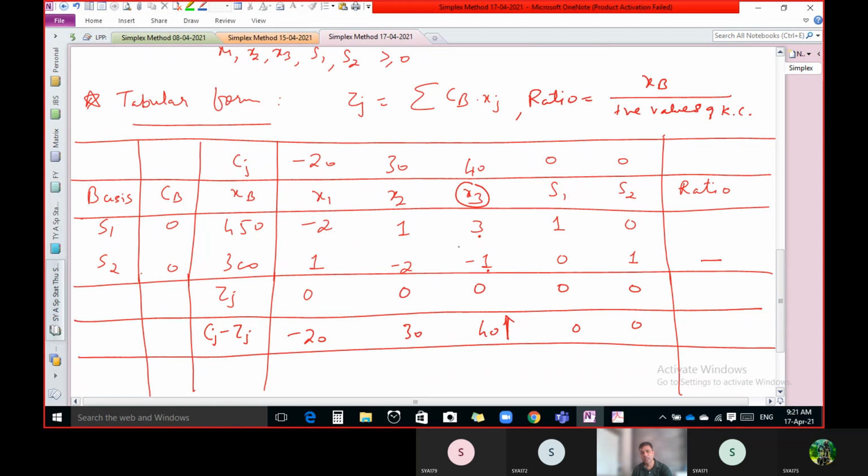So just forget this and take the ratio with 3. So 450 divided by 3, we get 150. Okay, so now we have this value, the corresponding variable s1 will leave the basis and x3 will enter. So this becomes our key row.